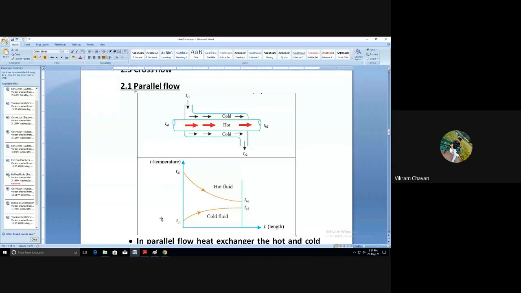Diagrams are most important, and in the diagram the arrows are most important. The direction of the arrow will represent the type of flow: parallel flow, counter flow or cross flow.